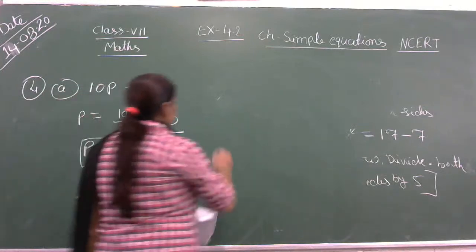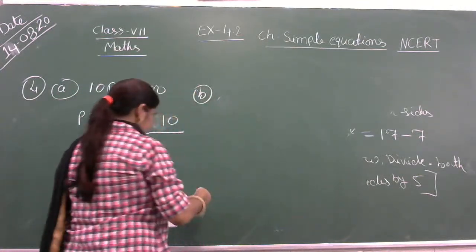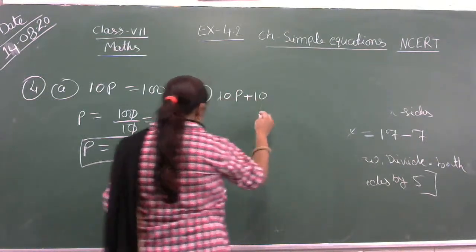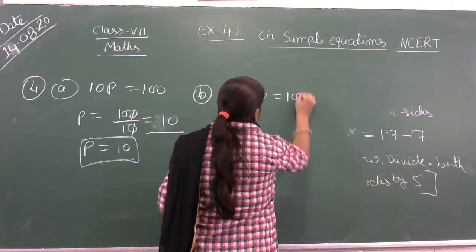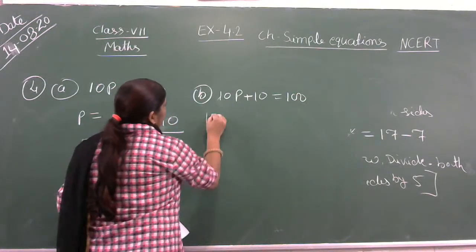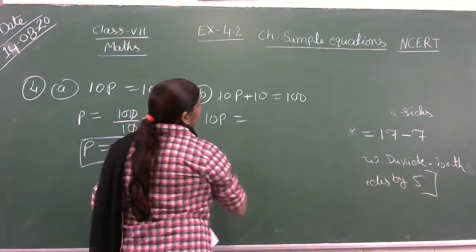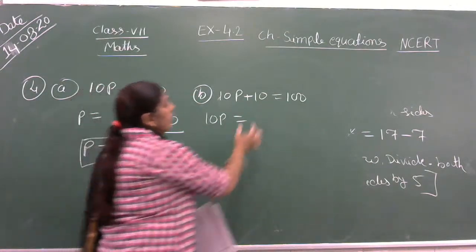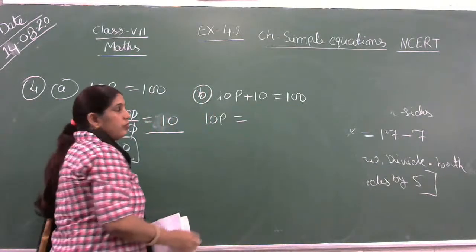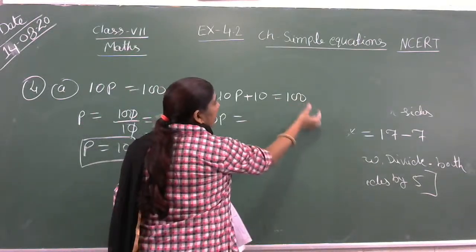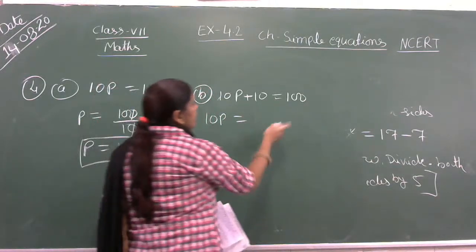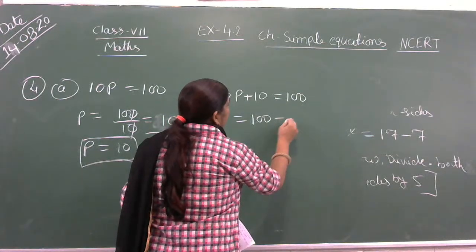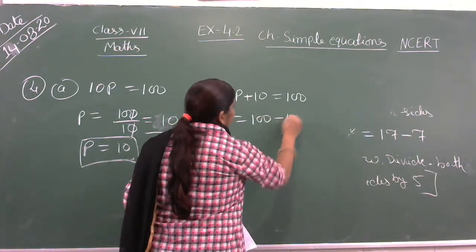Similarly, B part, 10p plus 10 is equal to 100. Isn't it? 10p is equal to, if plus 10 moves across the equal sign, the sign changes, subtraction, it will be minus.